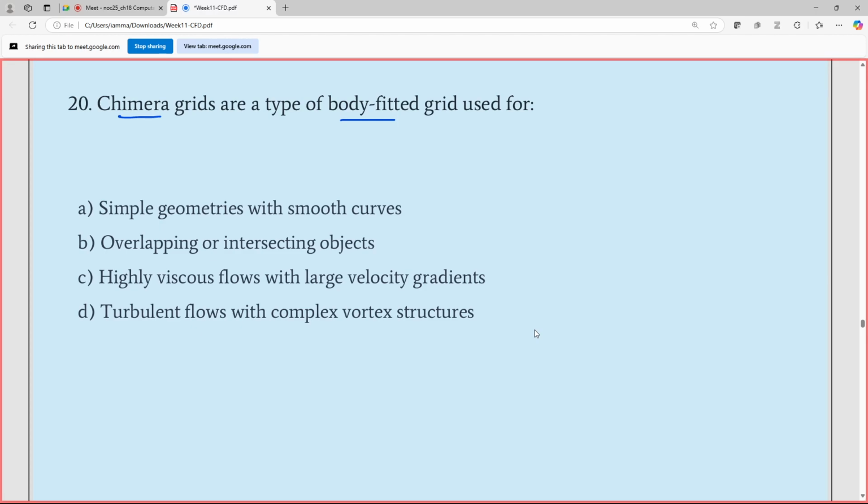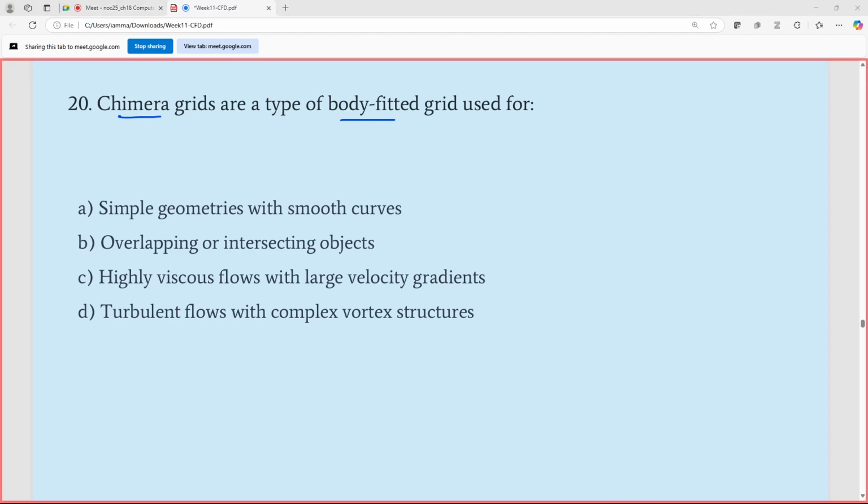Options are: option A, simple geometries with smooth curves; option B, overlapping or intersecting objects; option C, highly viscous flows with large velocity gradients; option D, turbulent flows with complex vortex structures. The question is asking about a possible application of chimera grids, which are a type of body fitted grid. So which among the following is an application area for chimera grids?